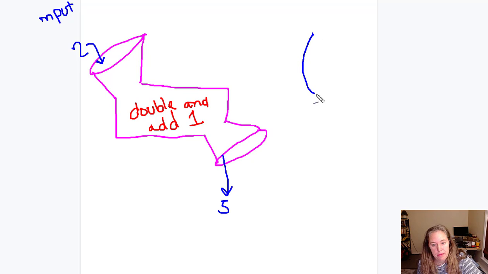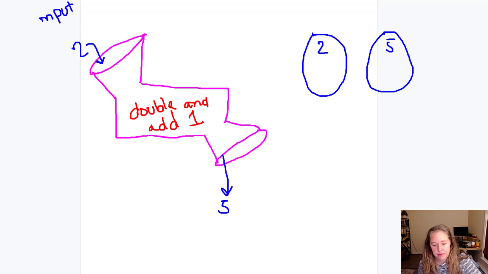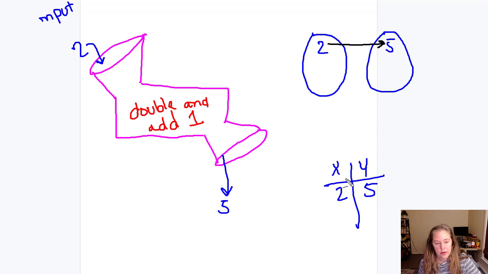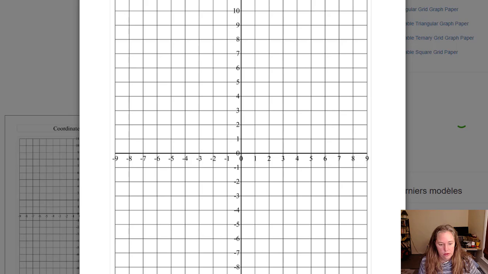In a mapping, that would look like this: 2, 5. In a table, it would look like this. Think about what it would look like on a graph. To remind you, we had a little function machine going.